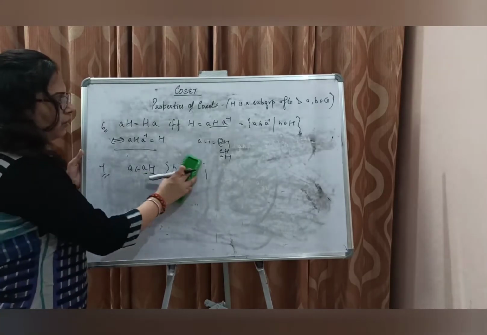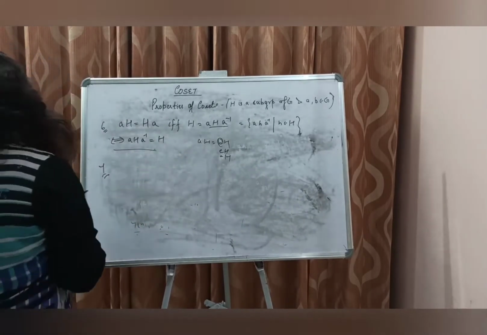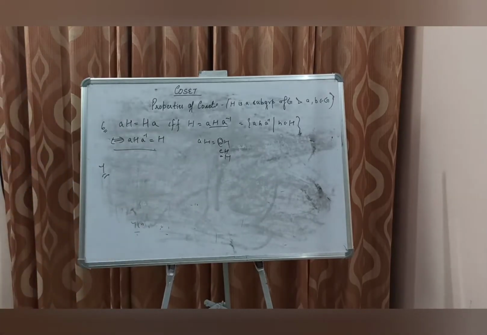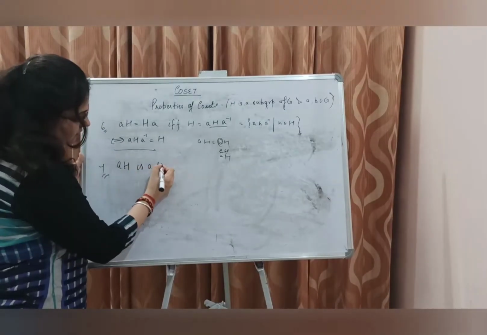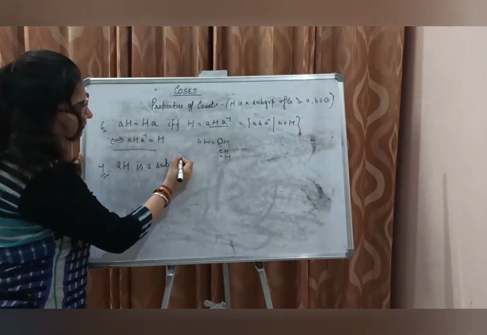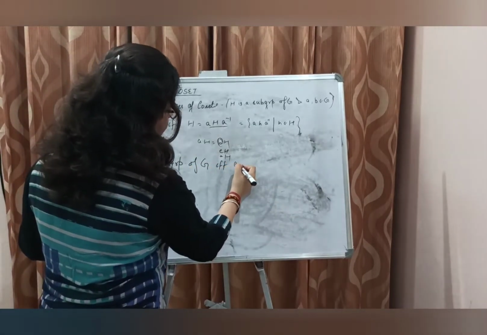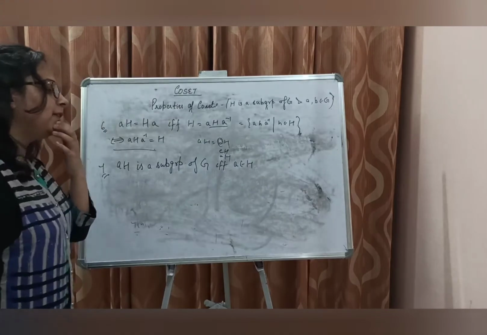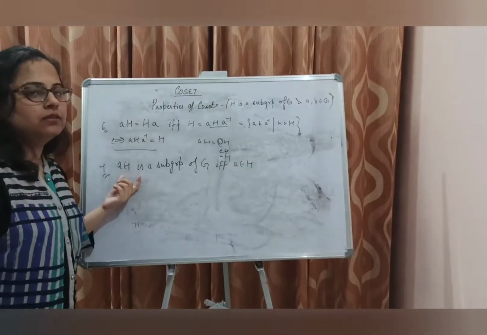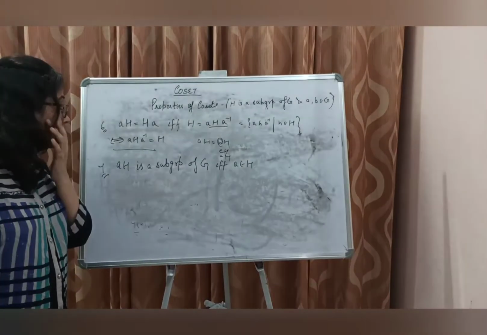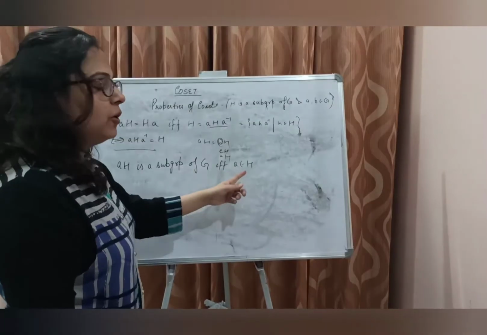Now we are interested in knowing the condition when AH becomes a subgroup of G. In all the properties, we generally have had the condition that if A belongs to H, we satisfy that property. So here also we have the condition if and only if A belongs to H.